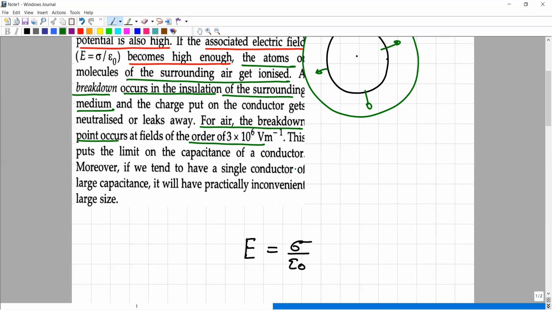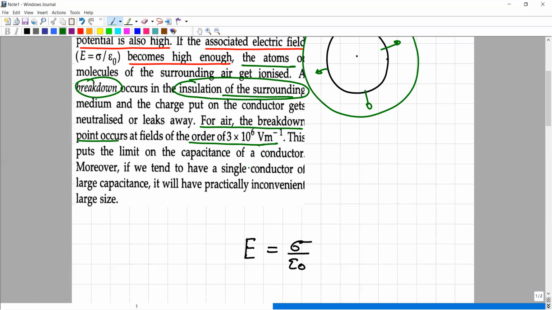That means for a very high potential difference, even the insulator would break down. Even the insulating property of the surrounding medium will break down, because of the very high potential developed on the conductor or the very strong electric field.